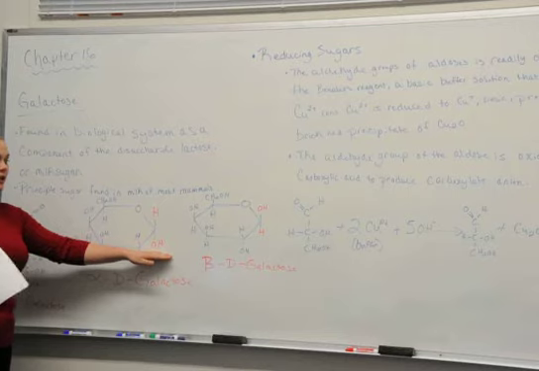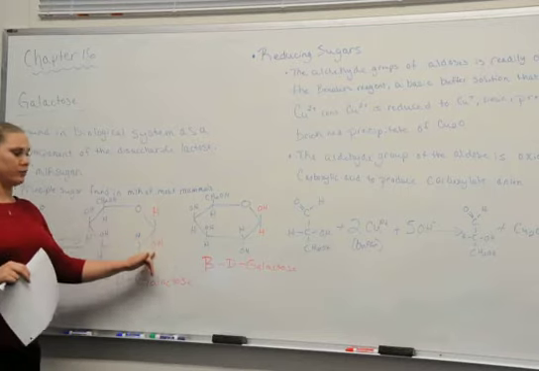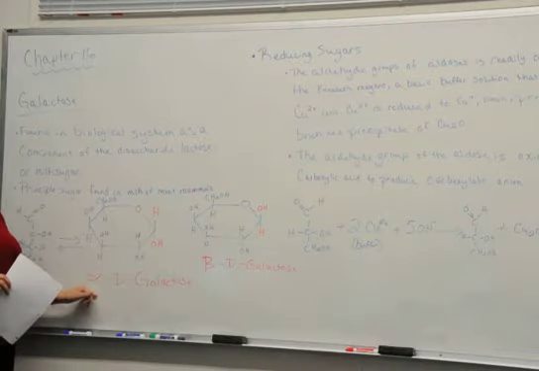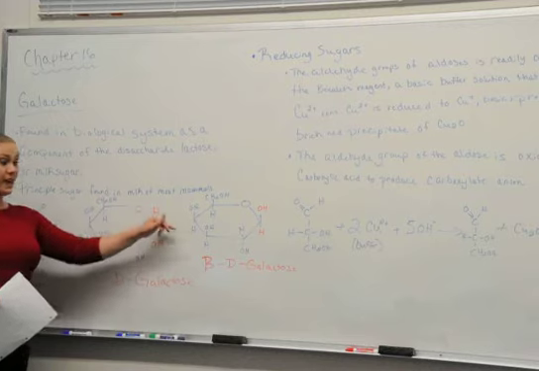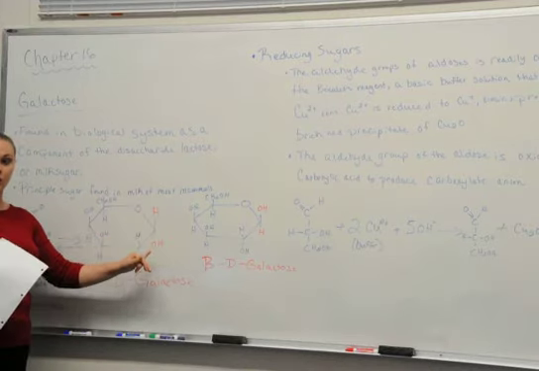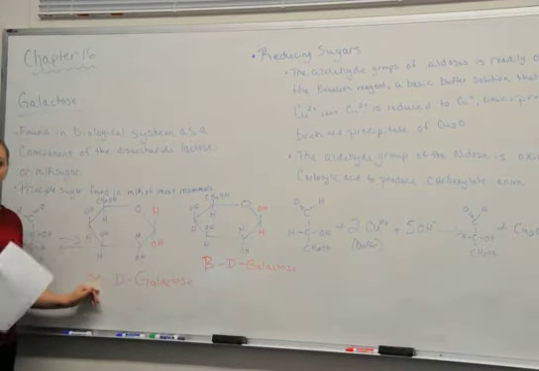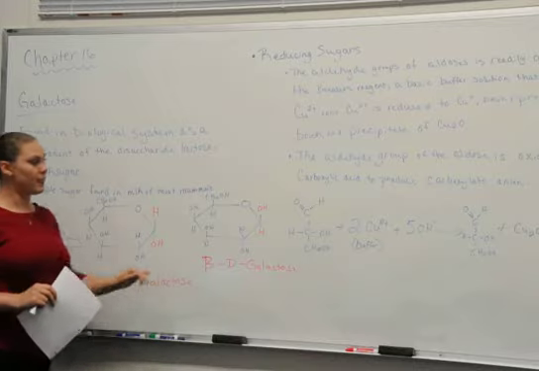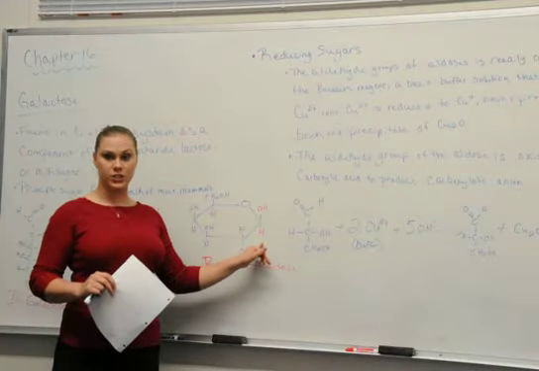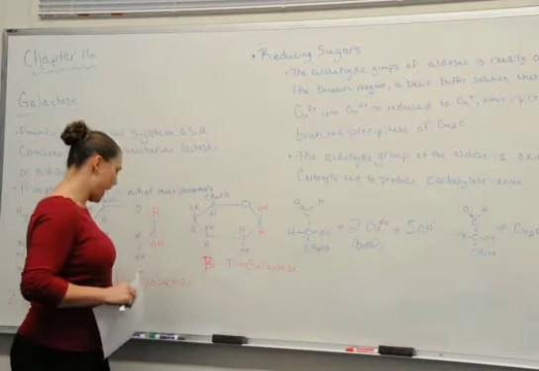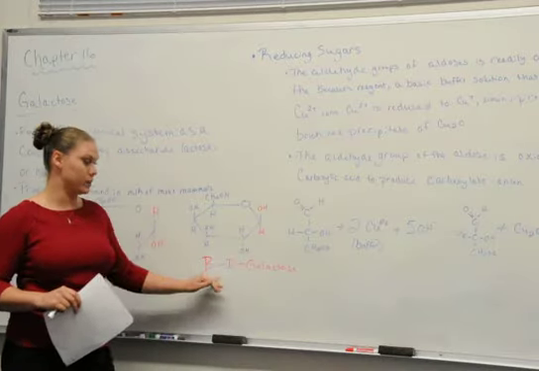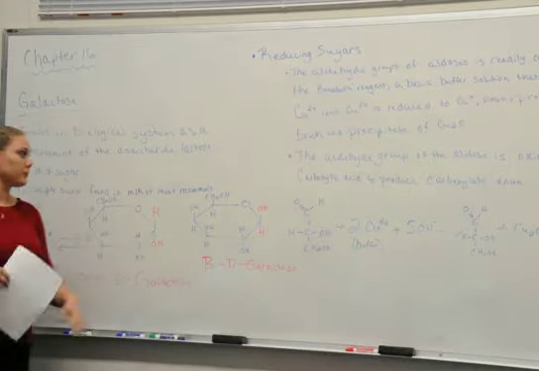An easy way I use to remember that is that H comes before O in the alphabet, and A comes before B, so alpha comes before beta. If H comes before O, it's going to be alpha because A comes first. If O comes after H, beta comes after alpha, so it's going to be beta.